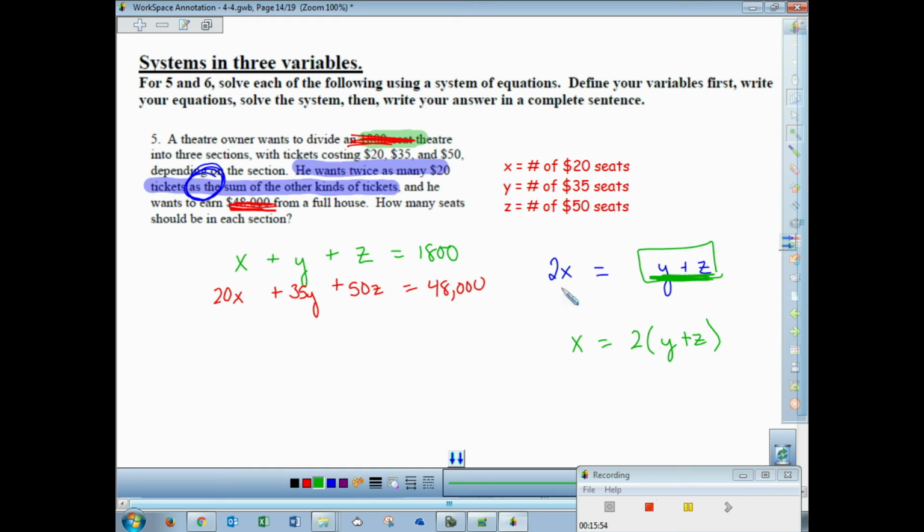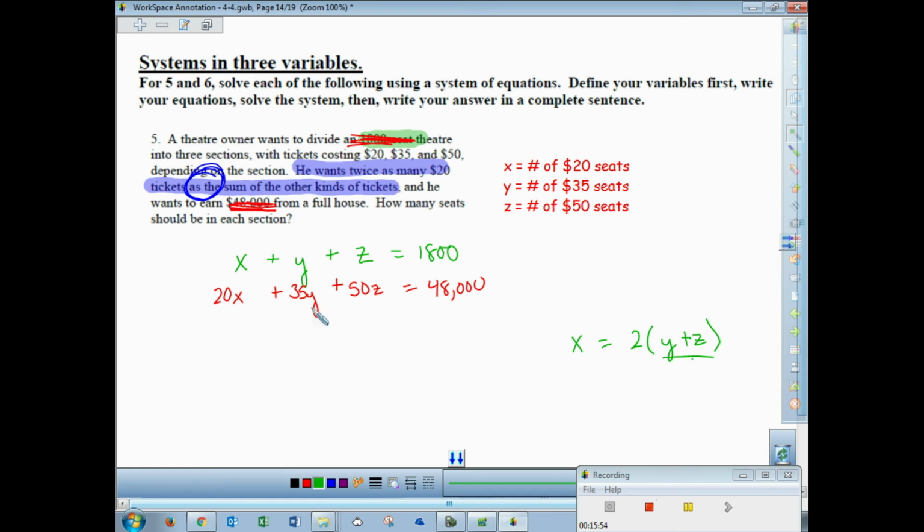If there's 10 of these, there should be 20 of the $20 tickets, and the way you get that is you take the 10 times the 2. So it's very tricky. The correct equation is this one: the number of $20 seats should be twice as many as the sum of those added together.